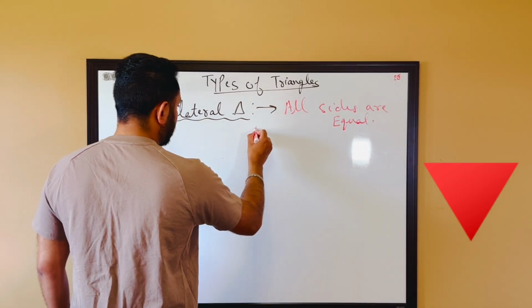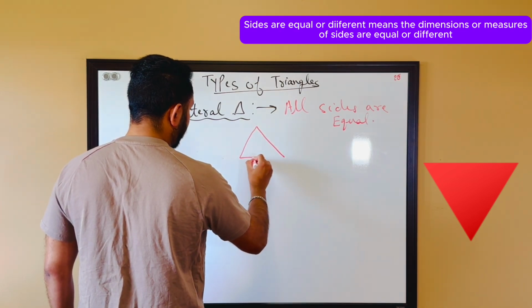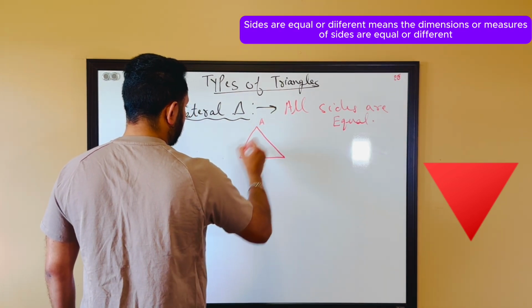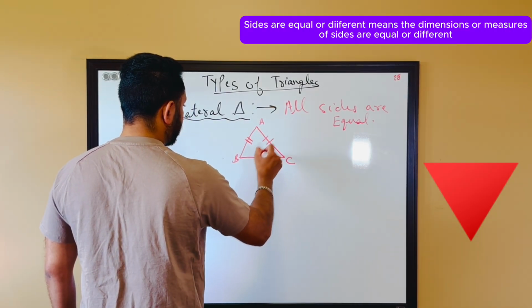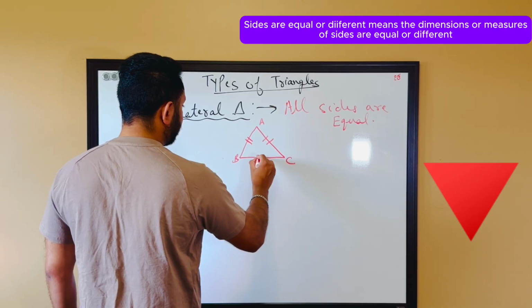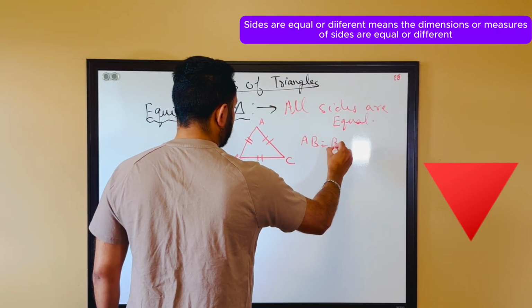That means if this is an equilateral triangle A, B, C, all the sides like AB, AC, BC, they are equal.